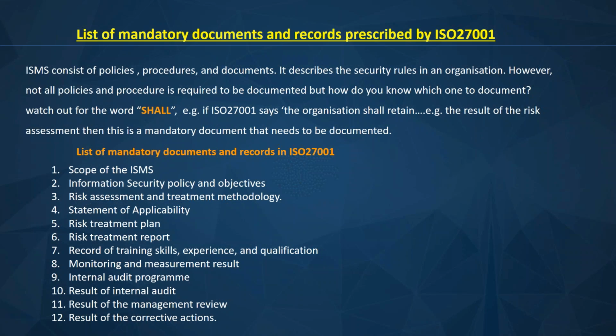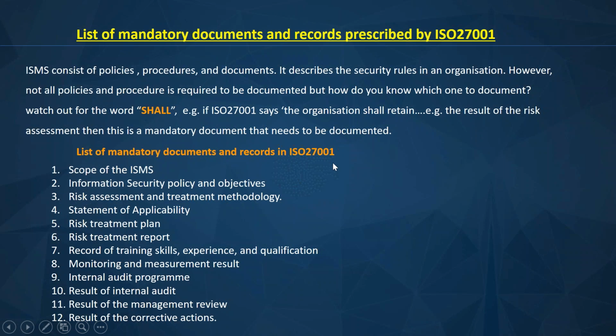That's why, for instance, the result of the risk assessment must be documented. When you do a risk assessment, the result has to be documented because it is requested. So this is the list of mandatory documents and records in ISO 27001.